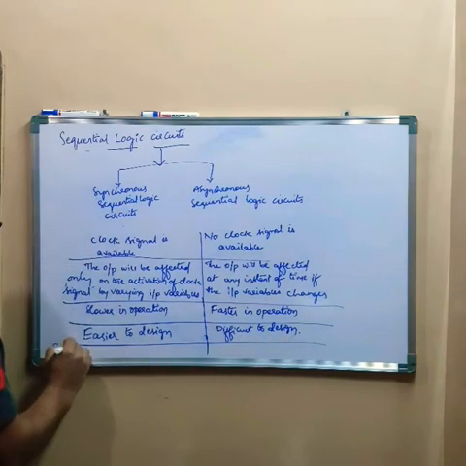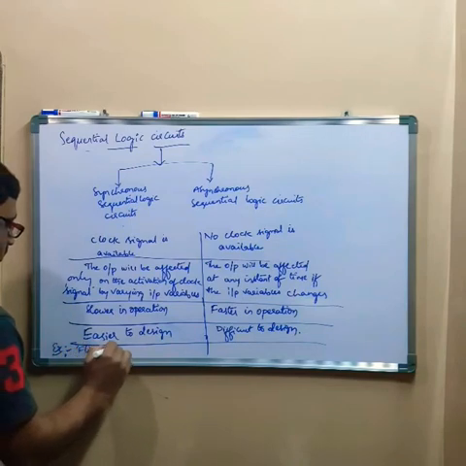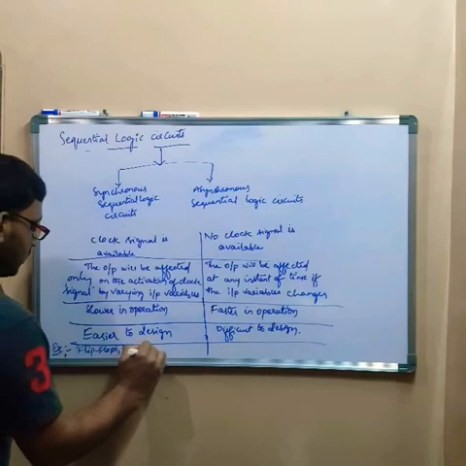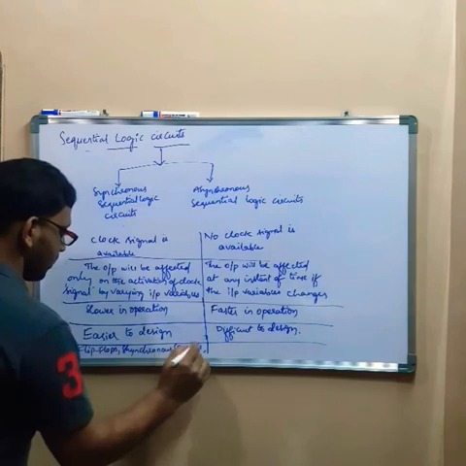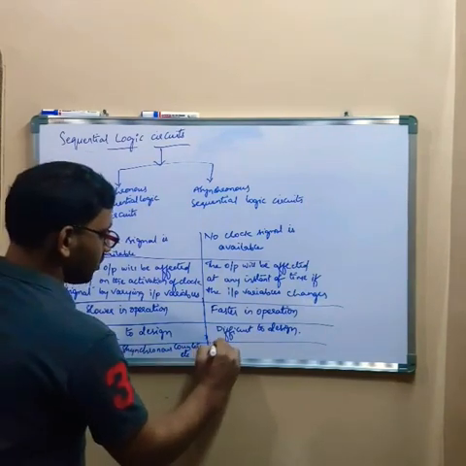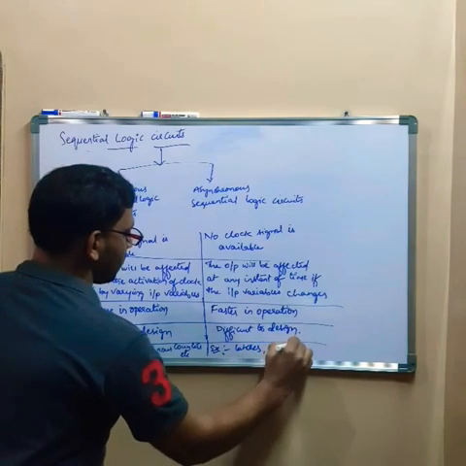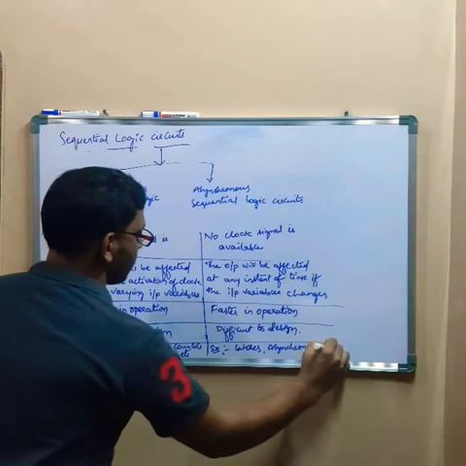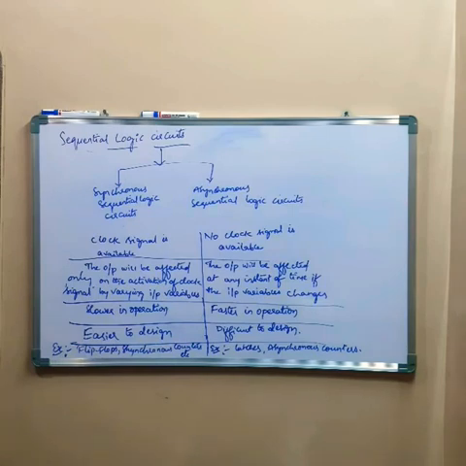Examples are synchronous counters, flip-flops, shift registers also come under this category. And the examples of asynchronous are latches, asynchronous counters. Right? These are the differences of synchronous and asynchronous sequential logic circuit.